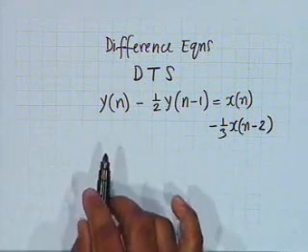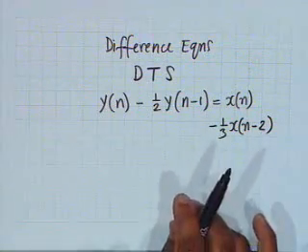The order of a system described by such a difference equation is simply the number of differences that are involved in y, that is the output. In exactly the same manner as in continuous time systems, the order of the system was equal to the order of the differential coefficient needed. Here, the order of the system is equal to the order of the differences in the output required to write the difference equation.